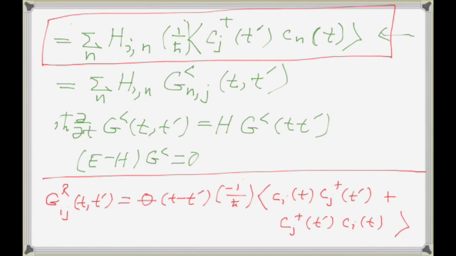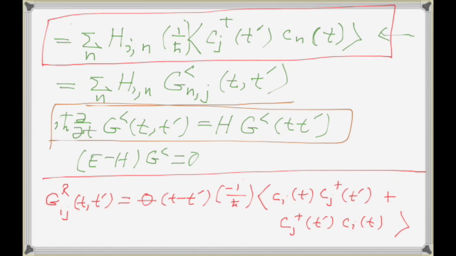And so in matrix notation, that's just a matrix multiplication of H times G less than. So I get my equation of motion in the time domain, which in the energy domain, by Fourier transform to energy, is this, which is what we wanted to show.